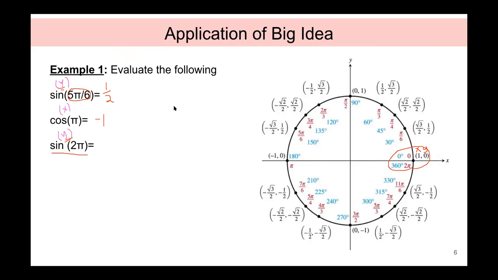And this would be for anyone, so feel free to answer in the chat or you can unmute. What would be the y value here in this coordinate point that I have circled? The y value tells me the sine according to the big ideas.